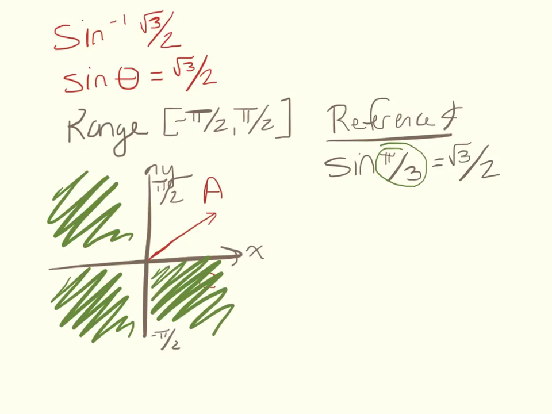So now we put these two ideas together. We need an angle in the first quadrant that has a reference angle of pi over 3. And I kind of like this problem because pi over 3 is already in the first quadrant and is between negative 90 and 90 degrees. So that's our answer.